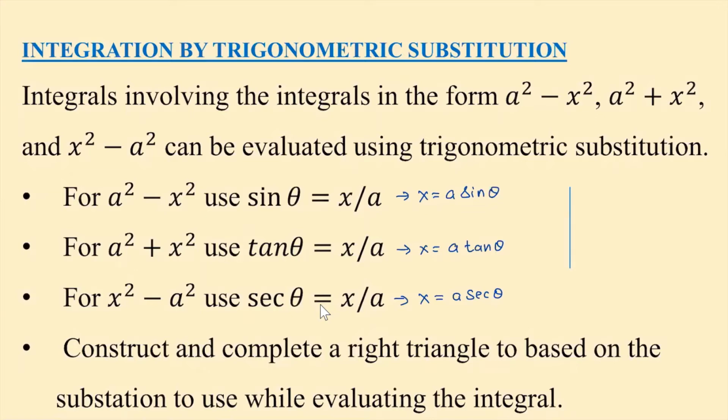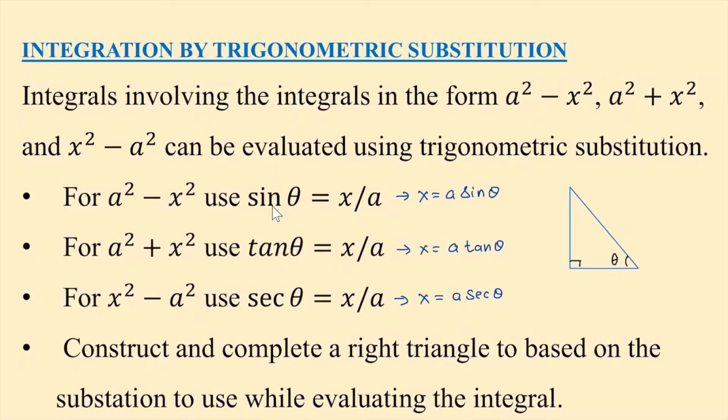So you always need to make a right triangle like this. You have to label the 90-degree or right angle properly, and then theta. And based on your substitution, write the two sides.